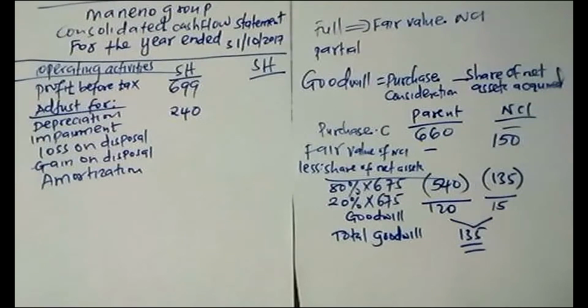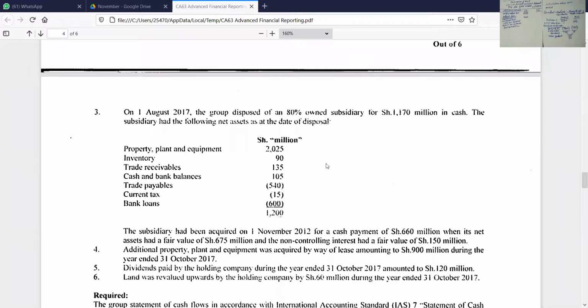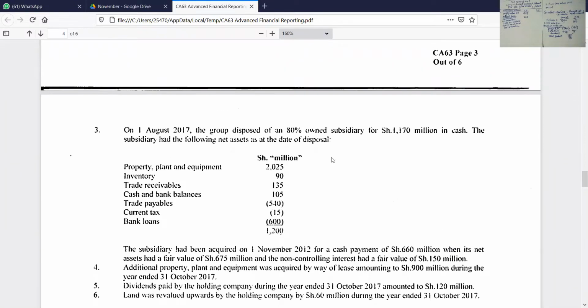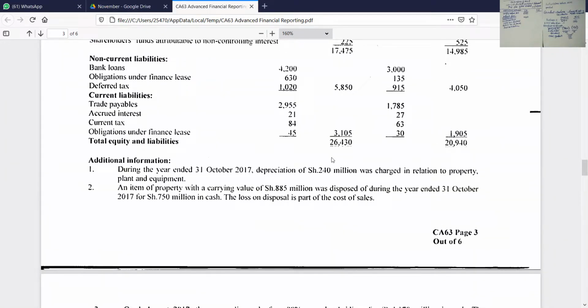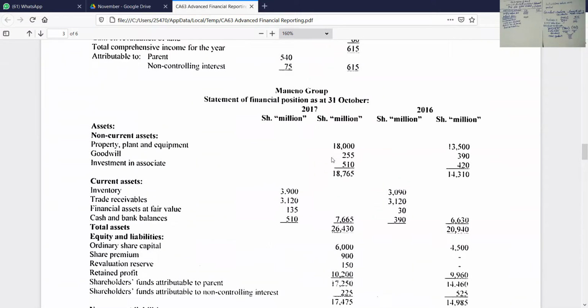In order to have impairment, first you must be given goodwill under the non-current assets. If you go to your non-current assets, the balances for the start of the year, which is the end of 2016, with the year ending 31st October 2017, show that the goodwill at the start of this period was 390, and at the end it was 255.